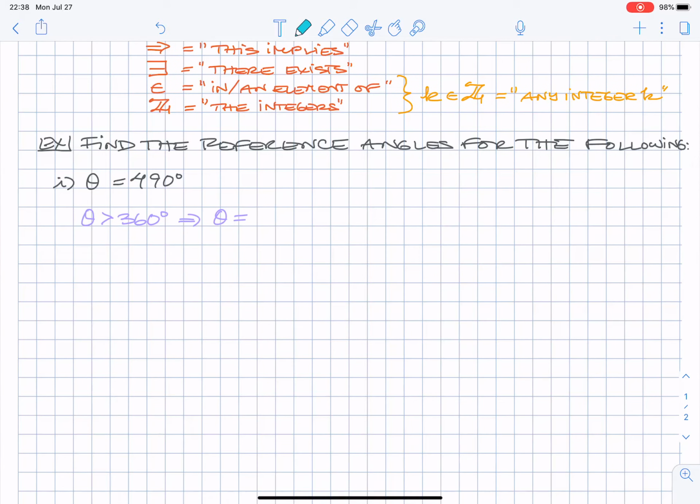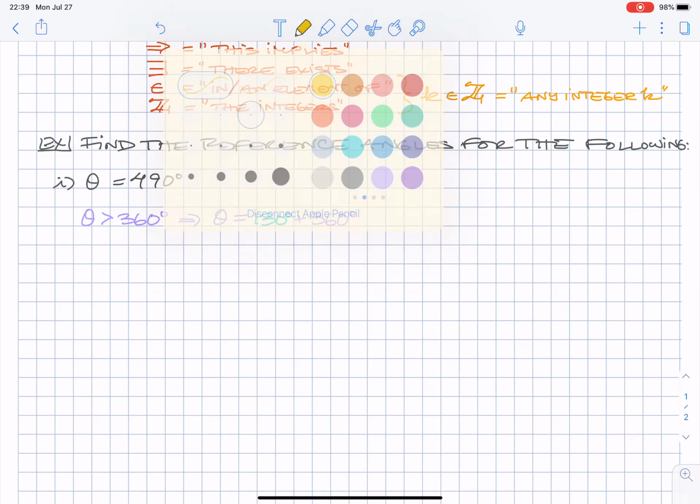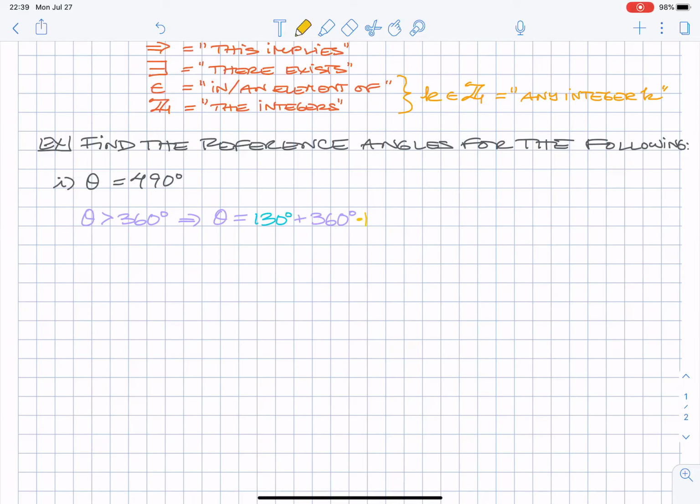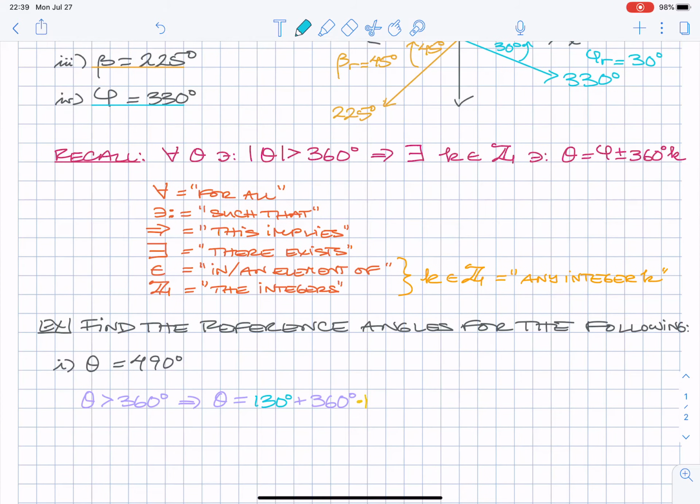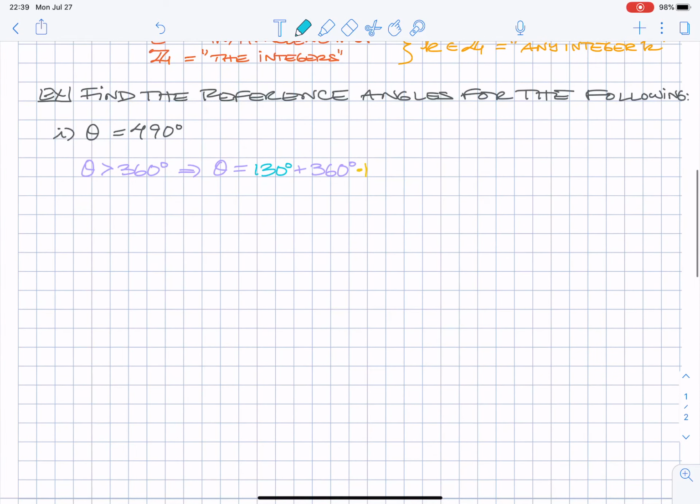So the difference between 490 and 360 is 130. So I claim that this is 130 degrees plus 360 degrees times 1. So my k in this instance is 1. That's the integer that I'm multiplying 360 by. And my angle phi that is between 0 and 360 is 130.